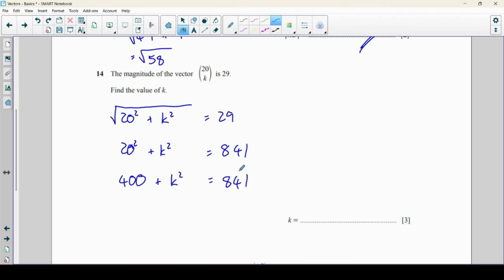And then we want to solve this equation. So to solve this, we're going to subtract 400 from both sides. So 841 take away 400 is 441. And then we're going to square root that.